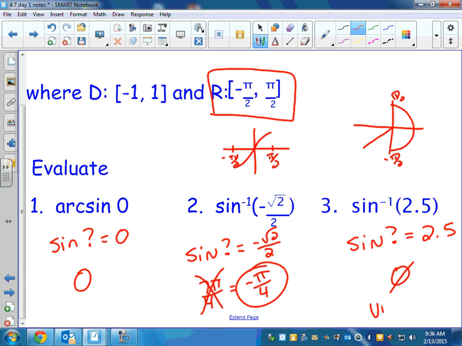Undefined. No answer, however you want to say that. If you type that on your calculator, it'll say domain error. You've got to be in radian mode. Maybe. Yeah, not really. It could be in degree mode and it will still tell you that. Which means on a test, am I going to give you a question like number 3 with your calculator or without your calculator? Without your calculator, because I don't want your calculator to tell you the answer. I want you to look at that and say, there can't be an answer there. It has to be undefined.